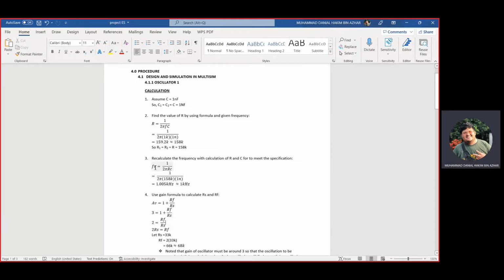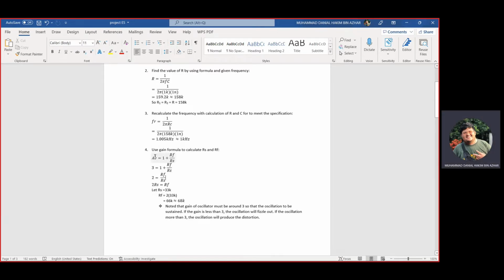The formula is Fr equals 1 divided by 2 pi RC. So for R we take 158 from the calculation above, and for the capacitor we use 1 nano. I get 1.005 kilohertz, but I use 1k because the requirement we have to use is 1k.